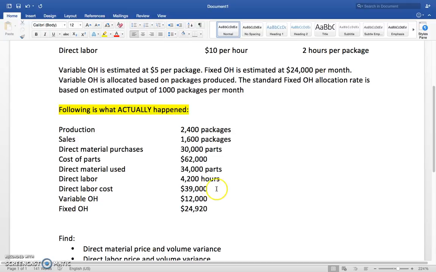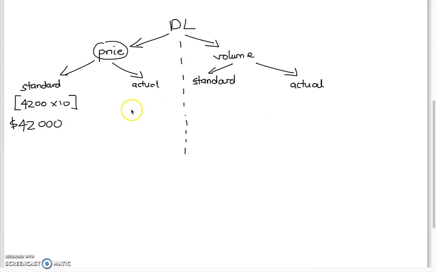So in this case, since it is given to me, I'm just going to copy it down here, 39,000, and then I'm going to compare the two. So 42 and 39, that's a $3,000 difference. But is it favorable or unfavorable? Well, it's favorable in this case because my actual is less than my standard. So I'm actually spending less than what I thought I would. So that's $3,000 favorable. Excellent.